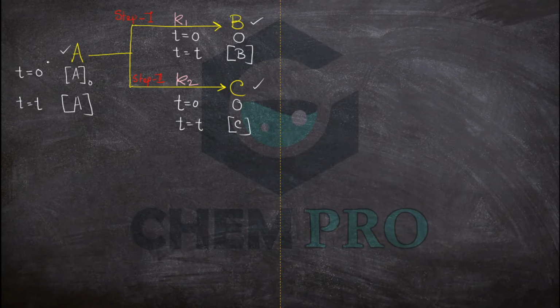At time t equal to 0, the initial state, the concentration of A is A0, B is 0 and C is 0.